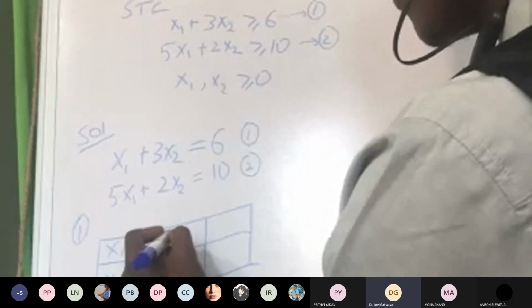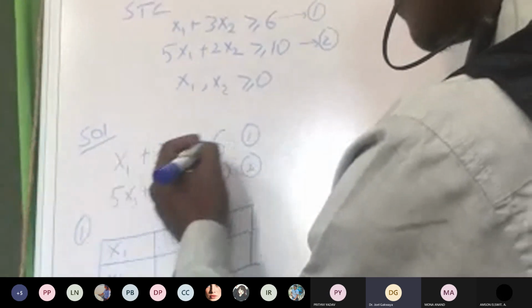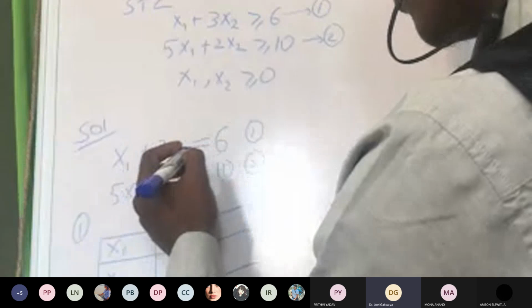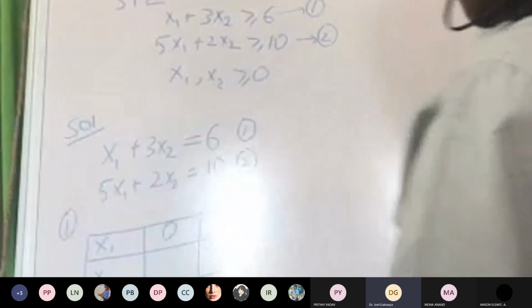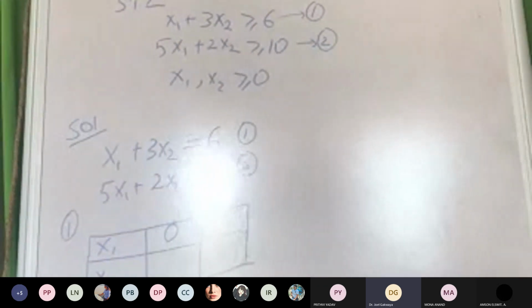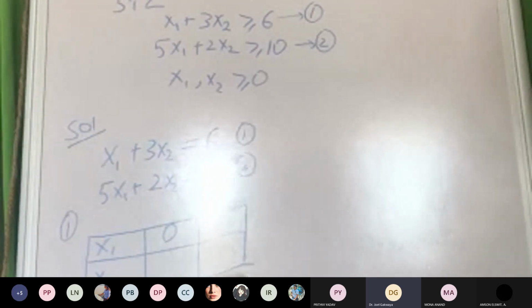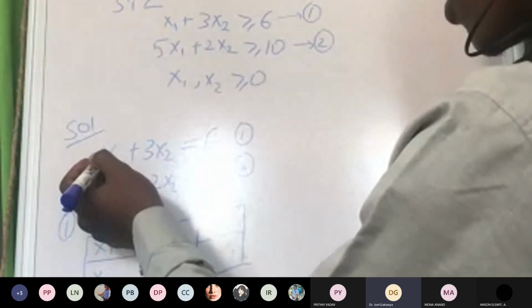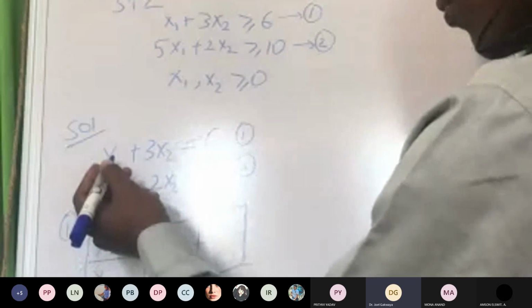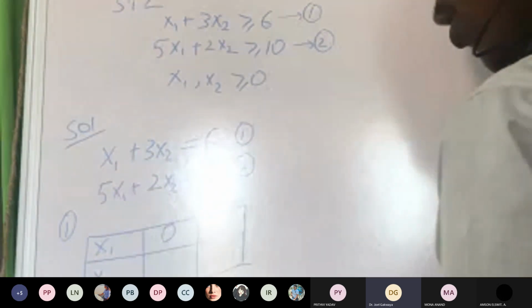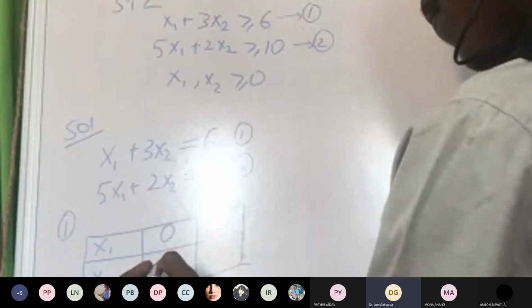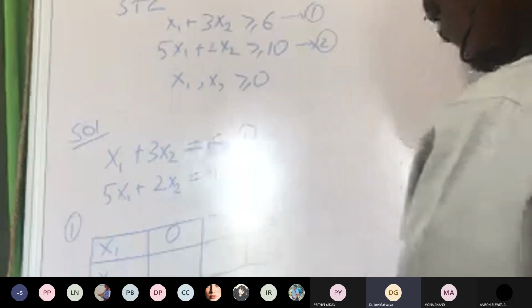When x1 is equal to 0, what is the value of x2? I want you to unmute yourself so that we can go together. You can unmute, no problem, I will tolerate any noise. So when x1 is equal to 0, look at equation 1, what is the value of x2? It is 2.